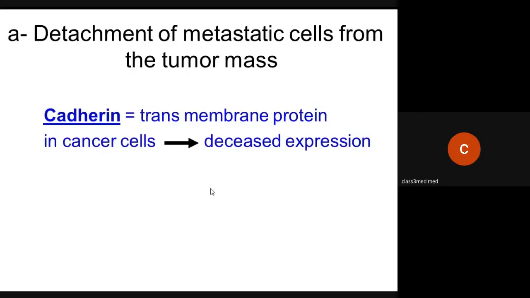So the first step is suppression of the cadherin gene and decreased synthesis of the cadherin adhesion molecule. By this, the tumor cell can detach, can liberate itself from the tumor mass.